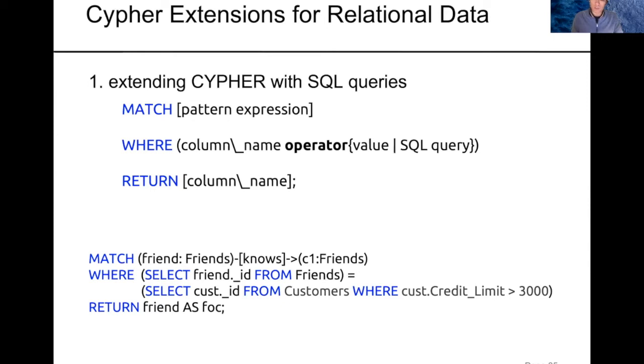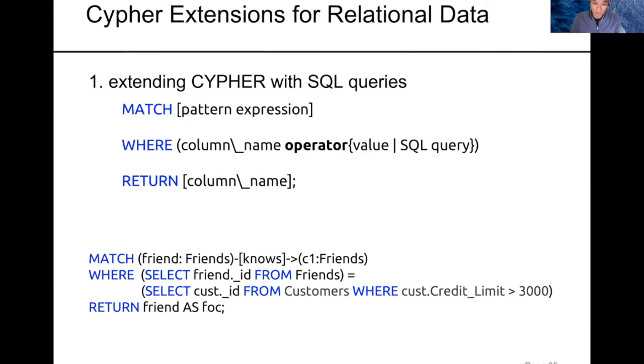So similarly for the RETURN, you have to support two kinds of data types, column or regular Cypher expression, right?